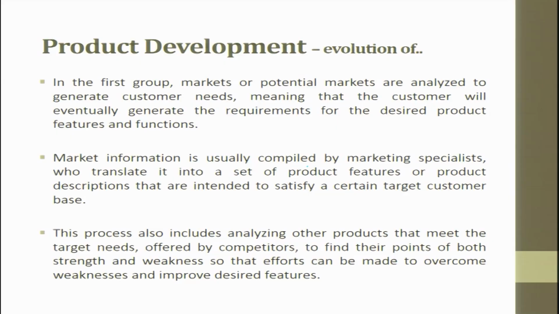The market information is usually compiled by marketing specialists who translate it into a set of product features or product descriptions that are intended to satisfy a certain target customer base. The other important thing we should understand is there is nothing called a universal product which everybody would like and everybody will buy.